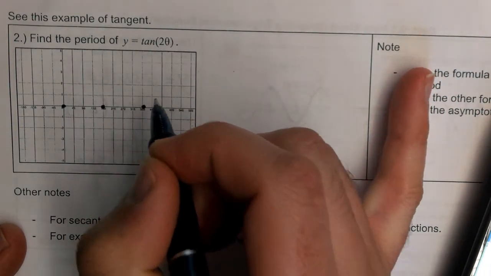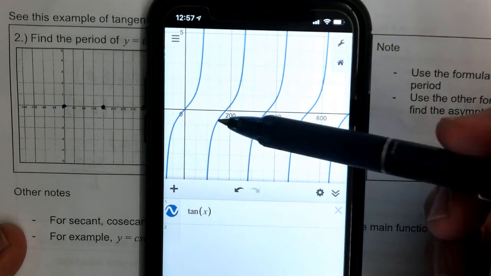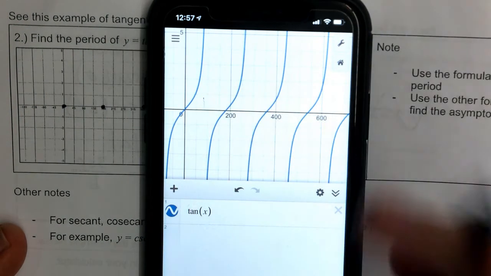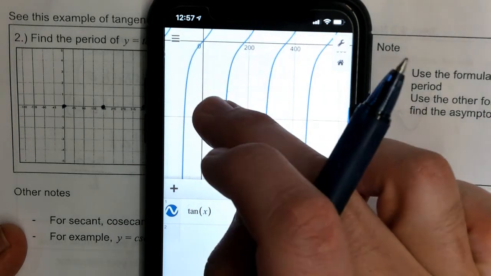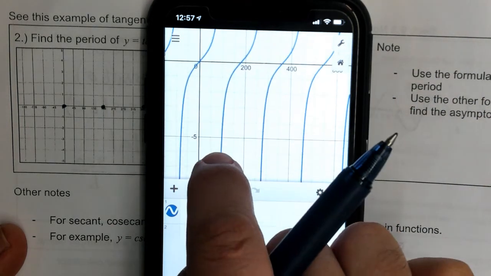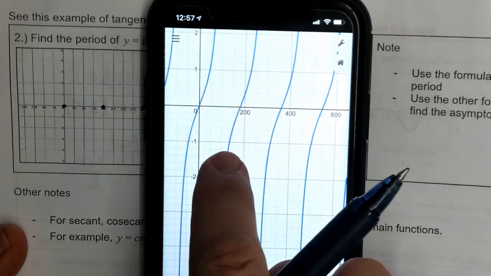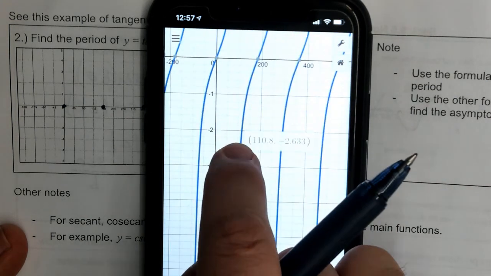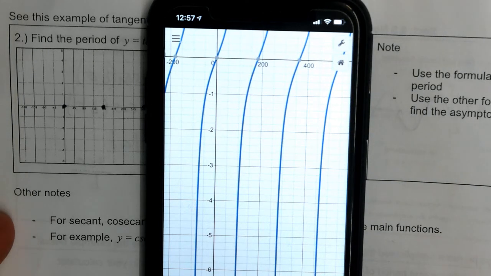there's where our intercepts are, and then you can see that there are going to be vertical asymptotes here, and you're going to have to figure out where that is. One thing that you can do is trace the graph, and as you go down, you can see what the x values get closer to. It's hard for you to see probably, but it's getting closer to 90.